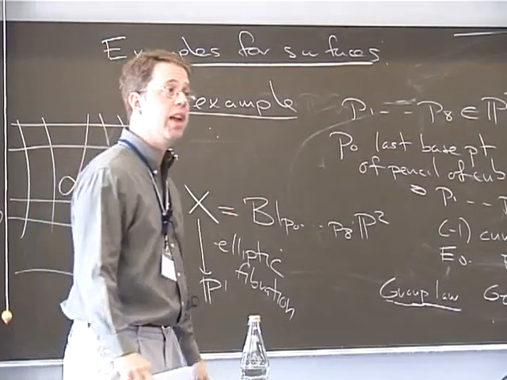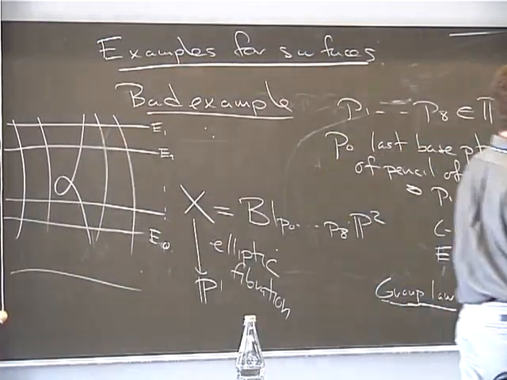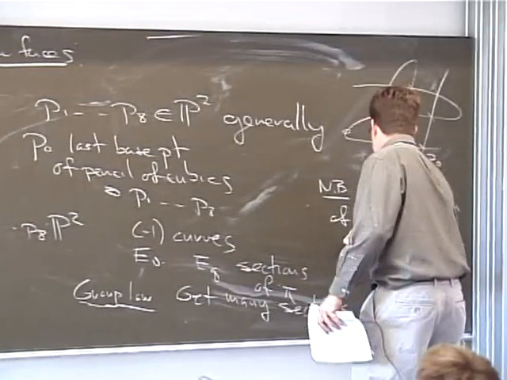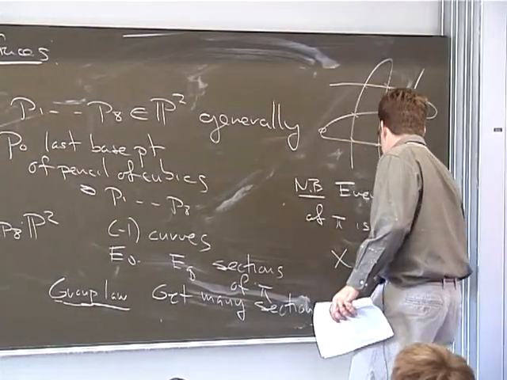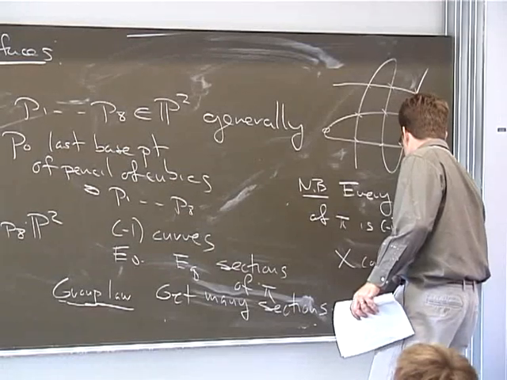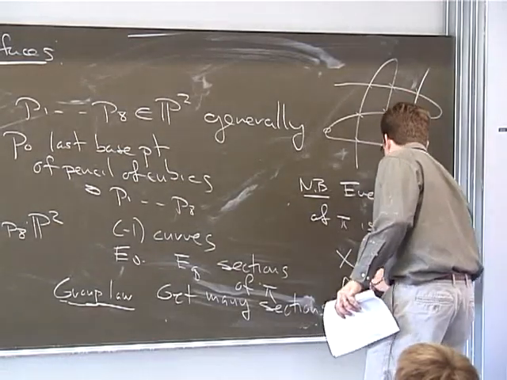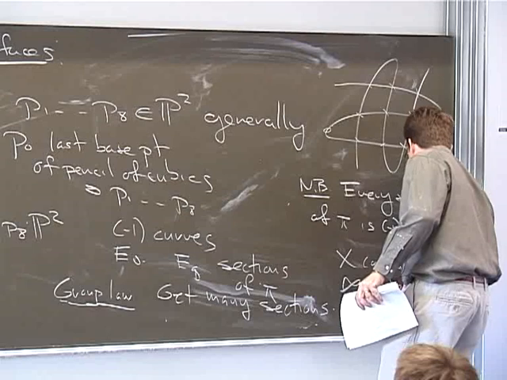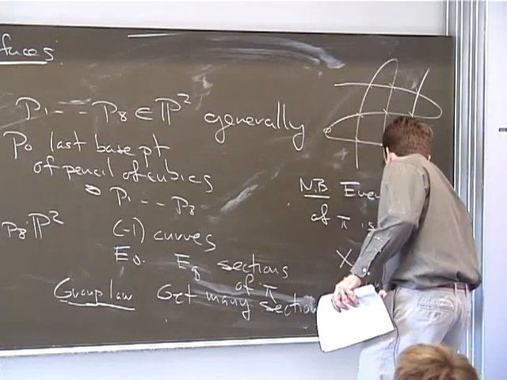Since they're rational, they have to have self-intersection -1. And so in this way, we find that X contains an infinite number of -1 curves.